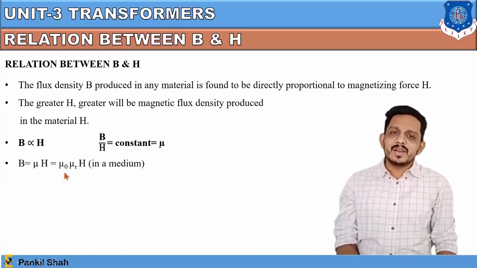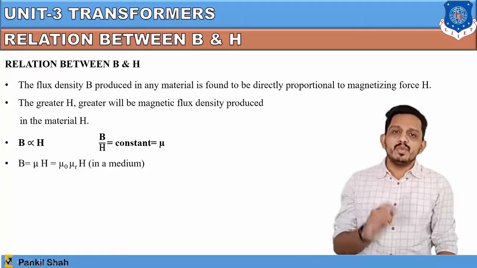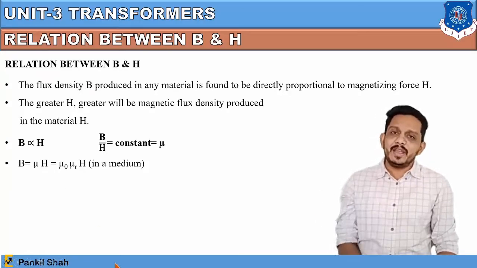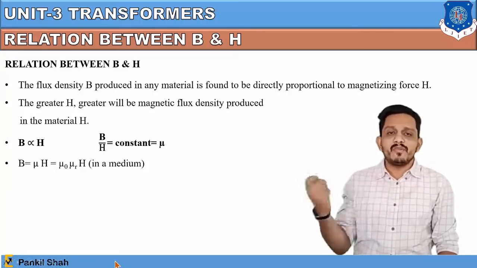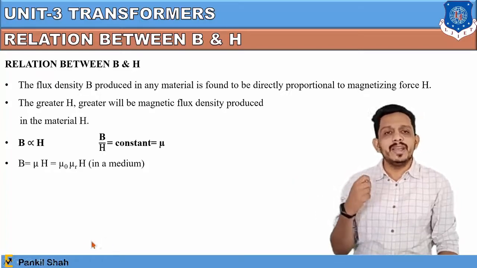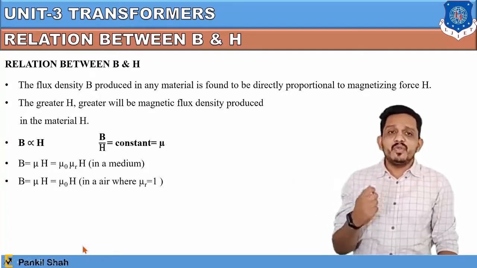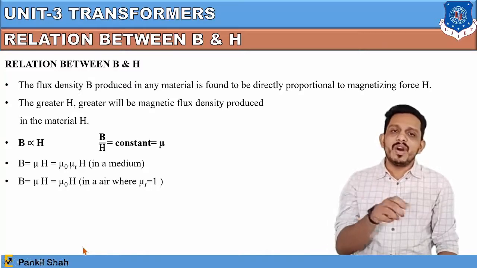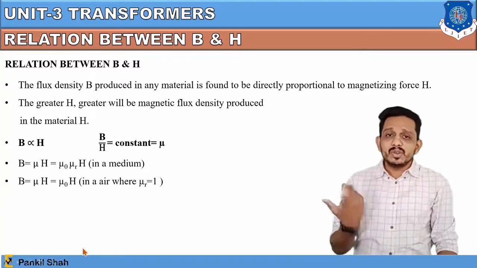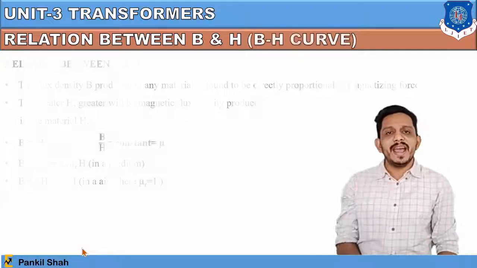So B is equal to mu H, where mu is equal to mu 0 mu r in any type of medium. If you have a different type of medium, then mu r will be different. And if you have air as a medium, then mu r will be equal to 1. So this is the relationship between B and H.